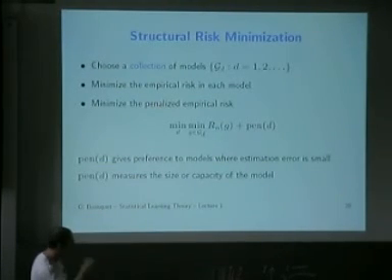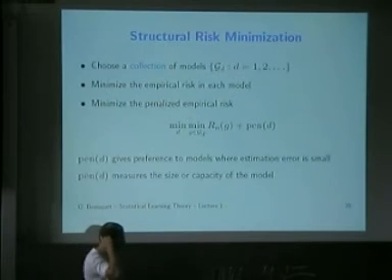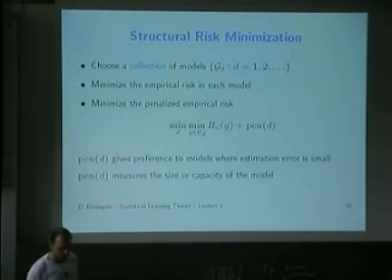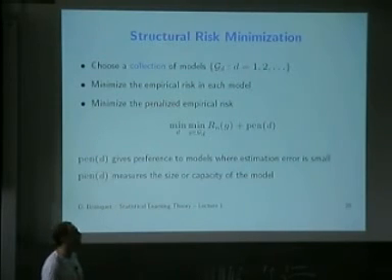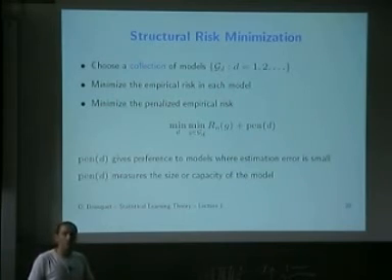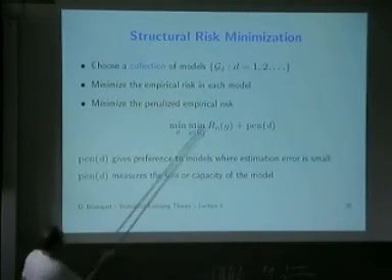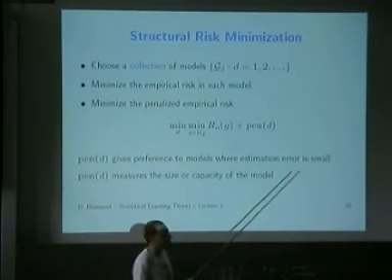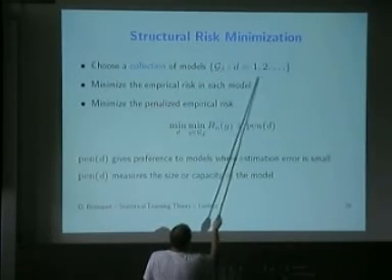Of course, restricting ourselves to a single model may be a bit too simple an approach. So we can go a little bit further and say, let's not choose just one model, but a series of models. Call it G_d, where d is some kind of measure of the size of this model, but we'll come back to that later.